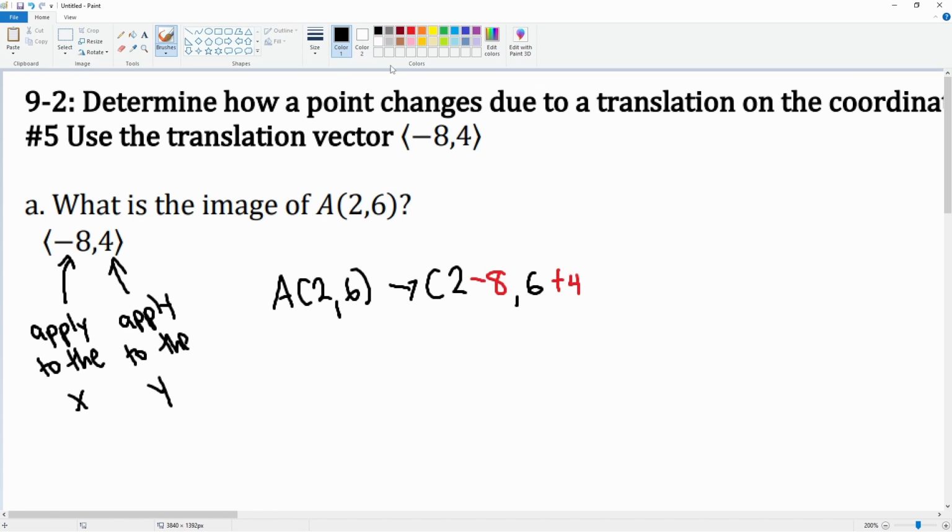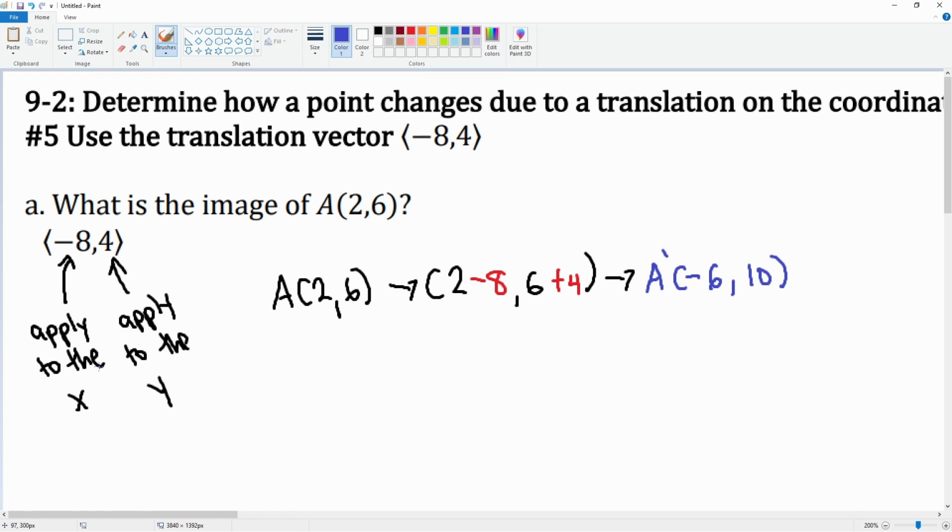As a result, the new image is going to be called A prime. 2 minus 8 is -6. 6 plus 4 is 10.